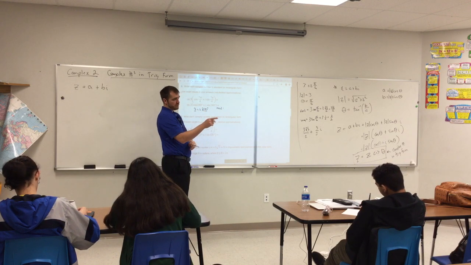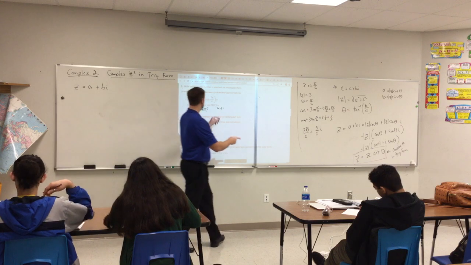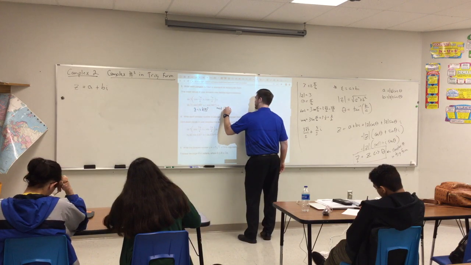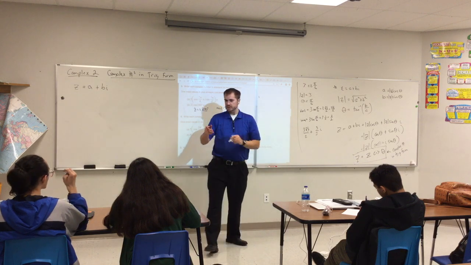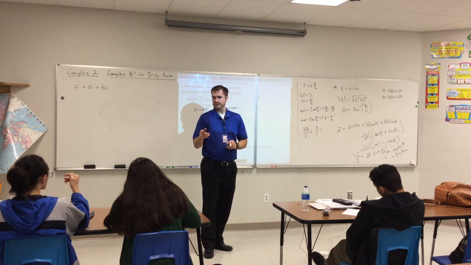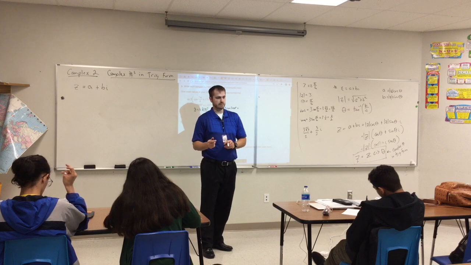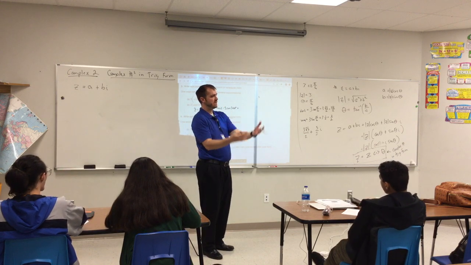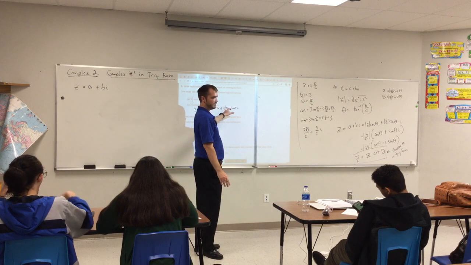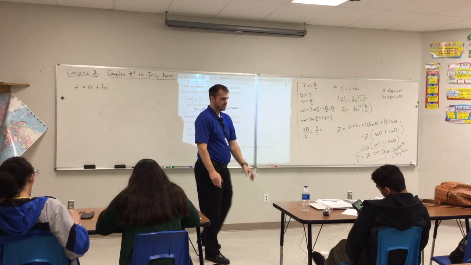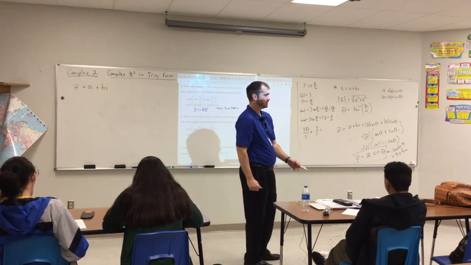Now, if you do 2 cosine 240 on your calculator, you might get lucky, and if it's like a 1/2 or something like that, then it'll be nice. But let's get in the habit of using our trig chart when they're asking for exact values of sines and cosines. So let's find 240 on the trig chart.